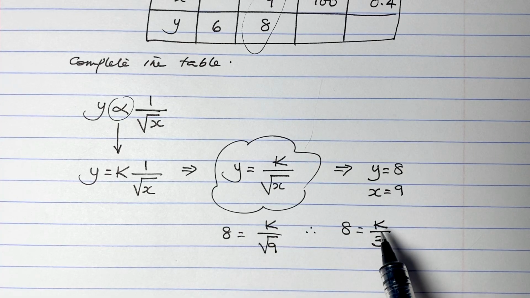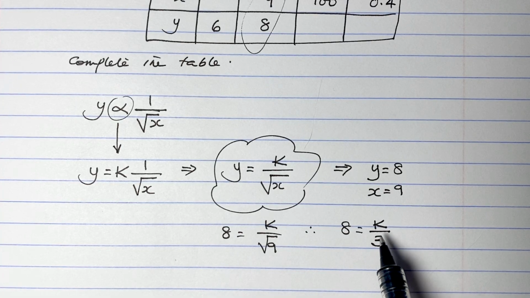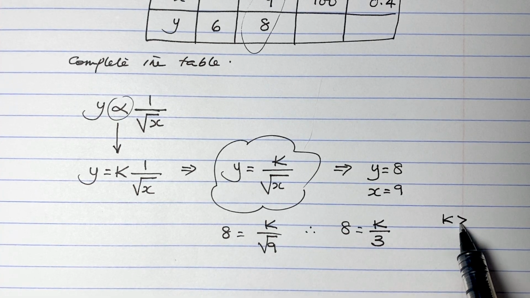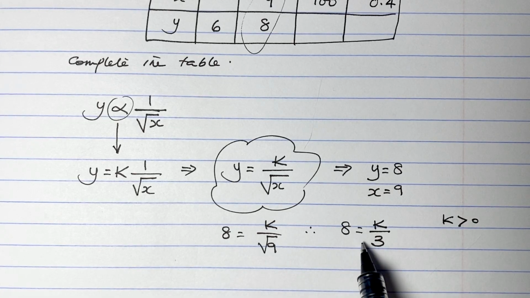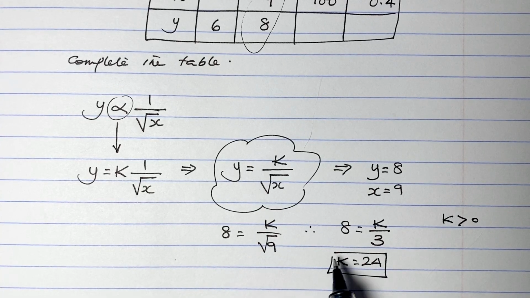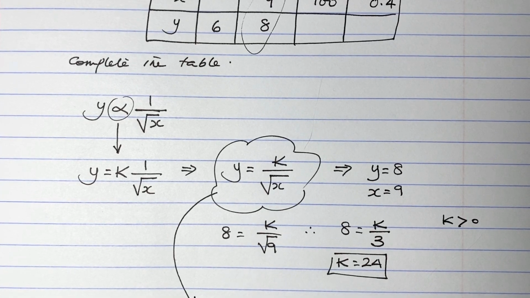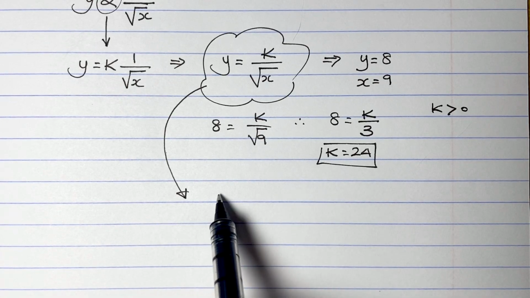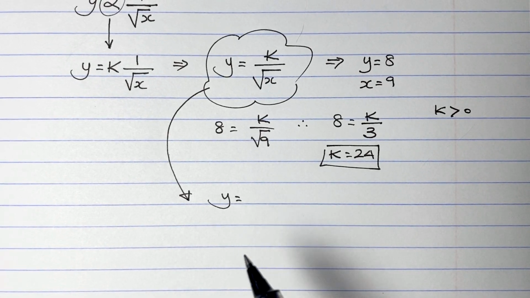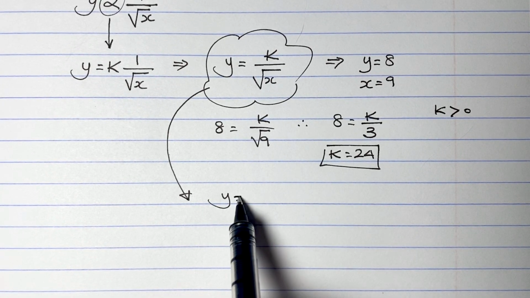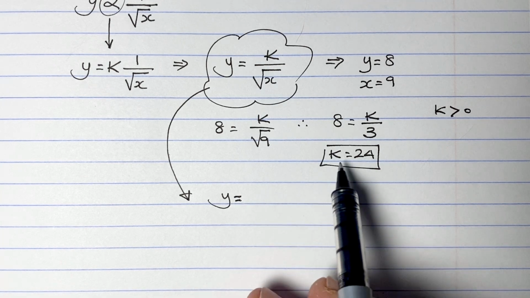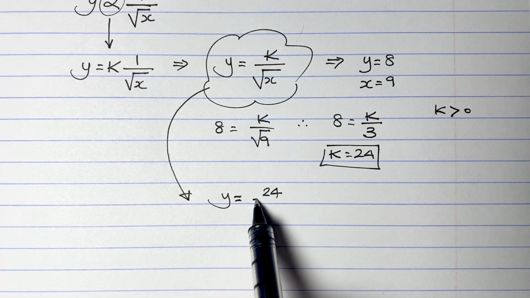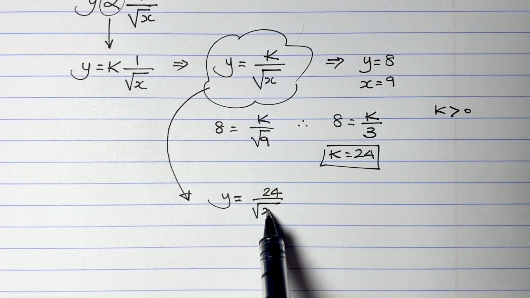The question had stated, which I didn't say, k is positive. So in this case, I'm going to ignore the negative value. So k equals 24, which I'm going to replace in the formula. So the formula without the unknown k, now k is 24. I can use this formula now to answer.